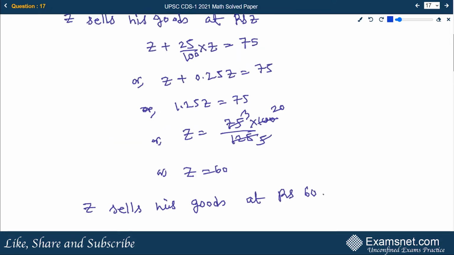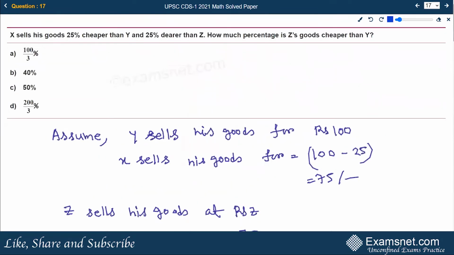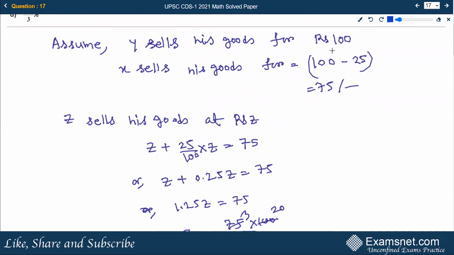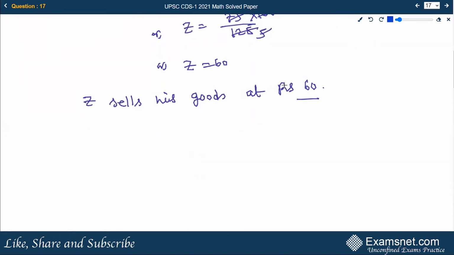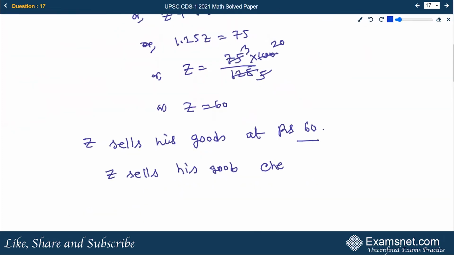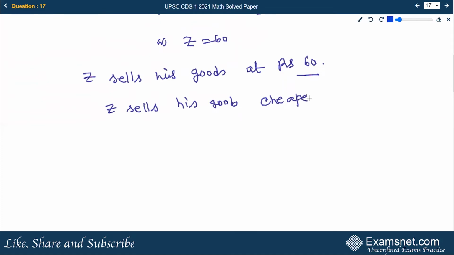Correct? Now, the question that arises here: how much percentage is Z's goods cheaper than Y's? Y's goods cost rupees 100, Z's goods cost rupees 60. So we can easily find out that Z sells his goods cheaper by how much percentage?